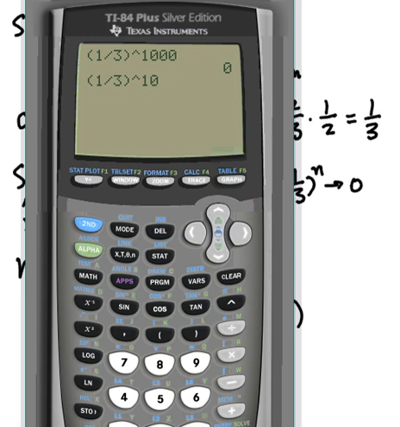The number will be very small. This is 1.69 times 10 to the negative 5th. So before the 1, there are 5 zeros. So this number is indeed very small when the exponent is getting bigger and bigger.